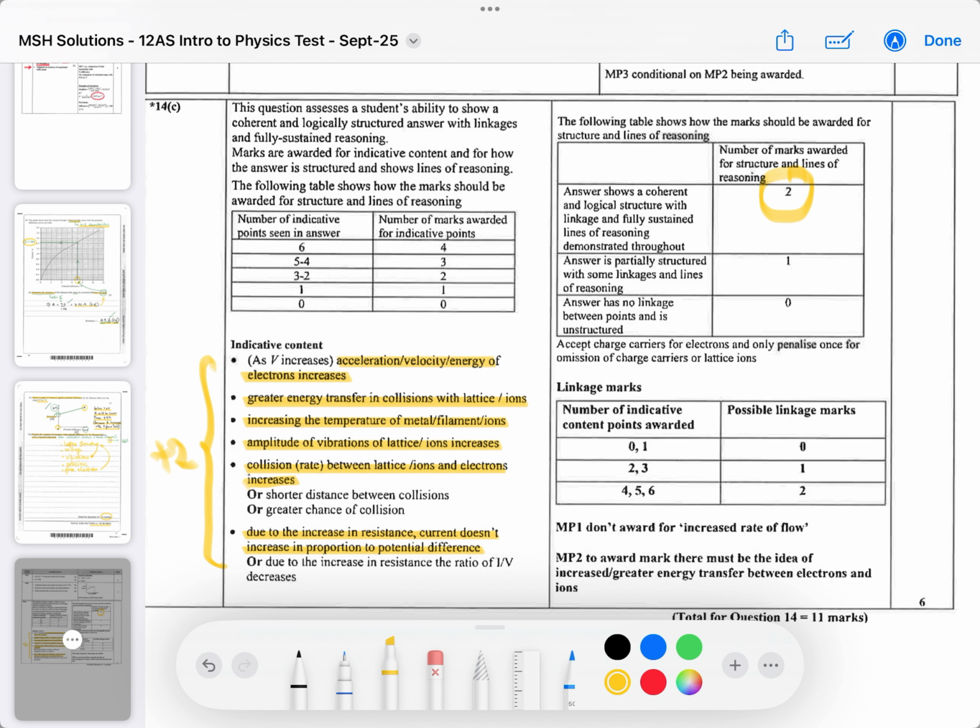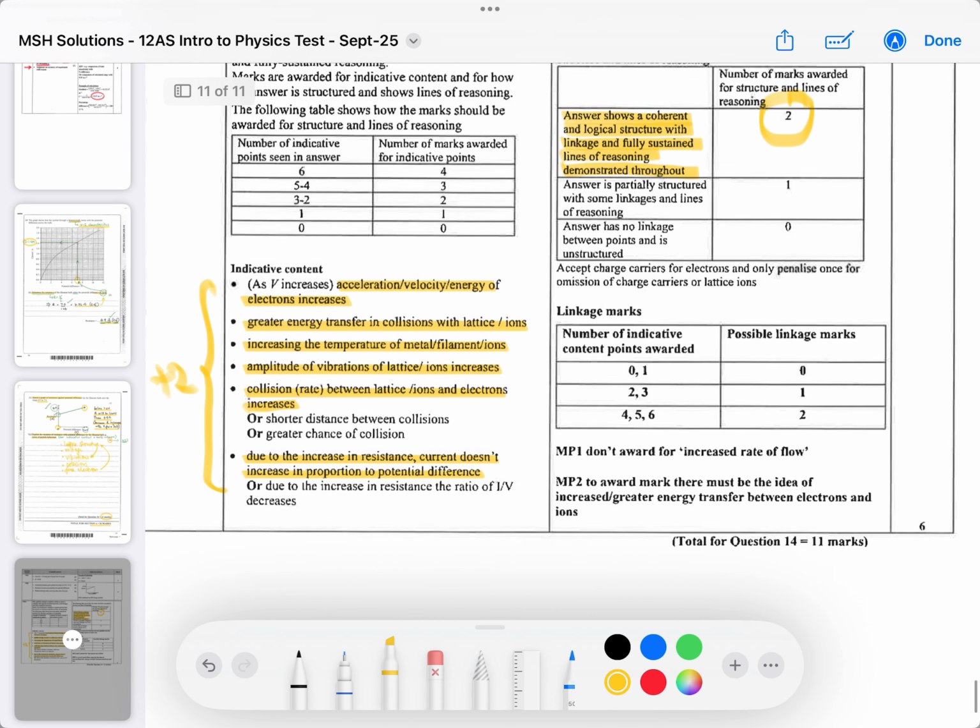And here it says for 2 marks, answer shows a coherent and logical structure with linkages and fully sustained lines of reasoning. In other words, you don't confuse the person reading it throughout the answer. So anything that's contradictory could lose you a mark.